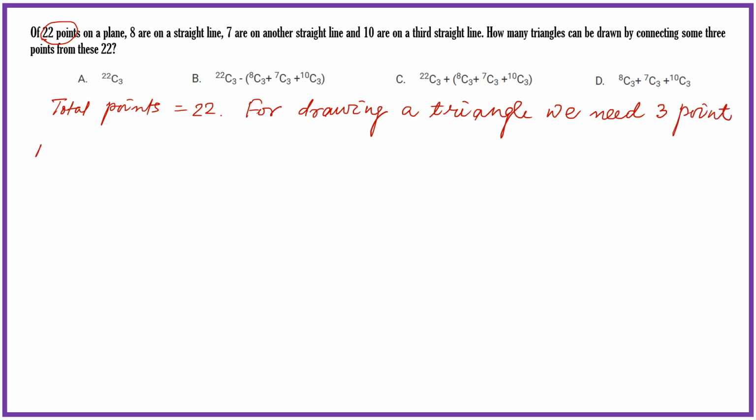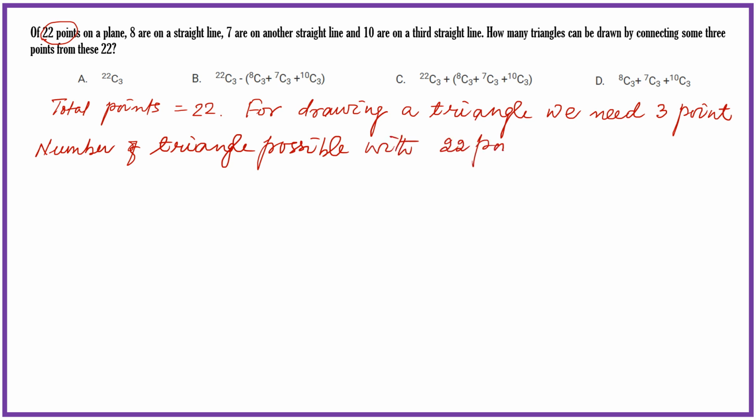So number of triangles possible with 22 points equals 22 combination 3.